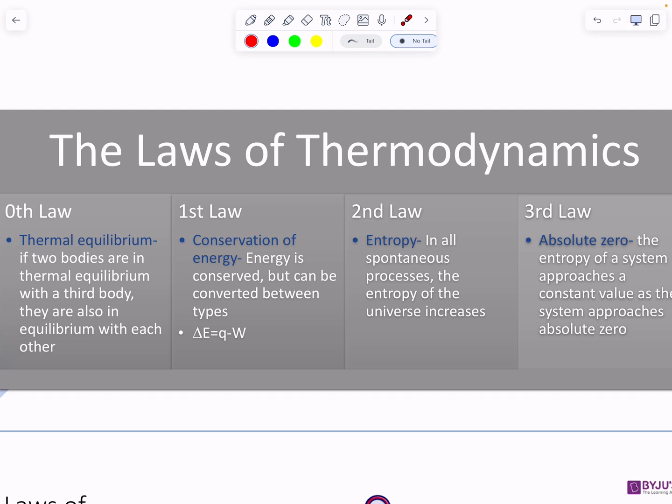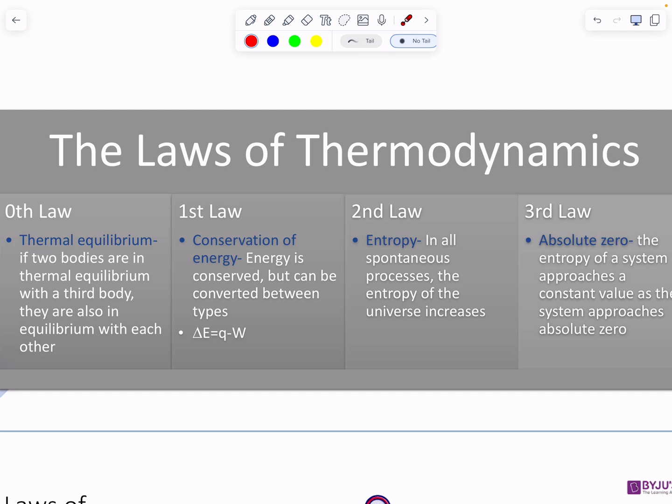The first is conservation of energy: energy that comes from somewhere has to go somewhere else, and changes in energy are related to amounts of work done. And then the second law is the definition of entropy that says, in all spontaneous processes, the entropy of the universe increases. So we'll talk about a more sophisticated definition of entropy than maybe you dealt with in Gen Chem.